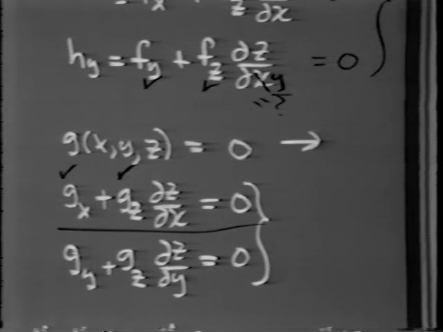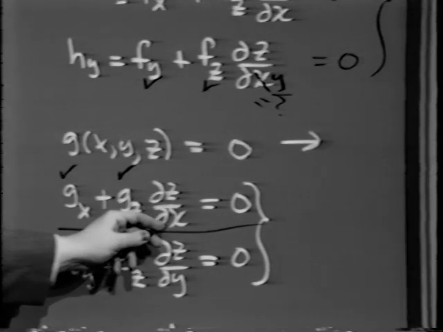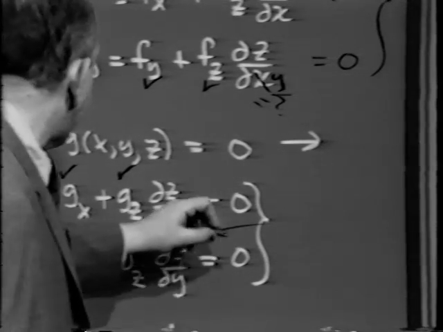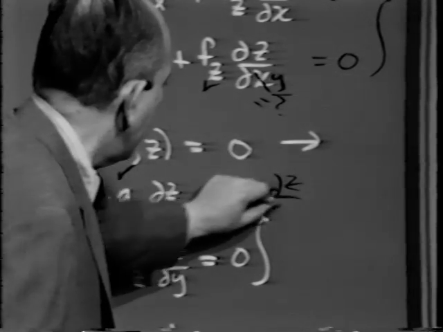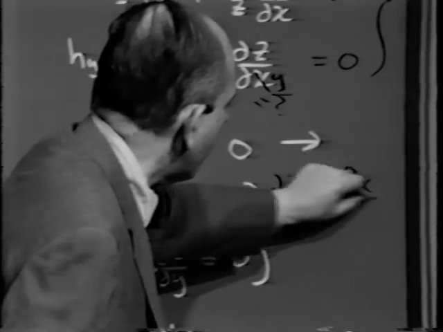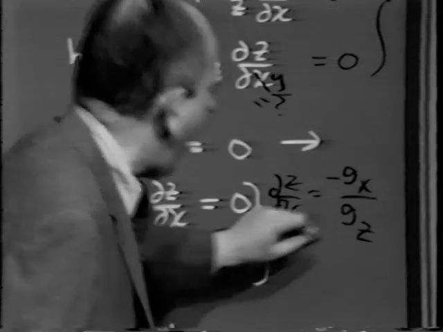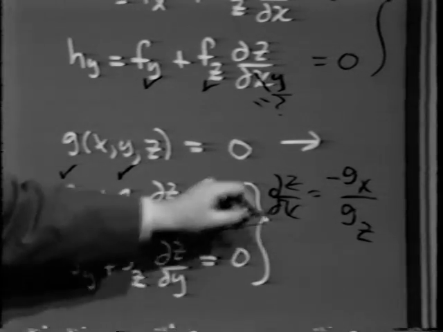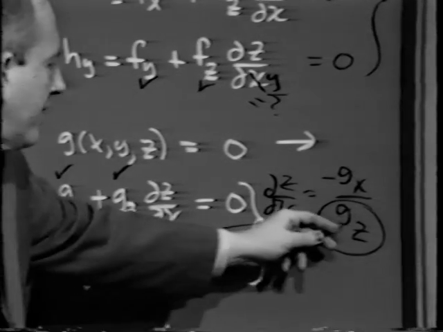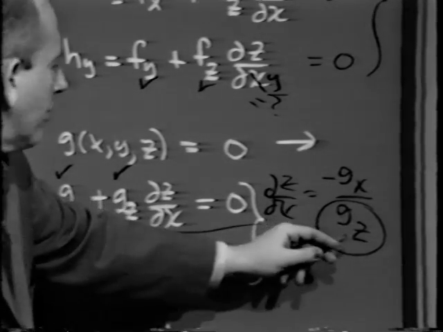All right? And we can now solve for the partial of z with respect to x. In fact, what is the partial of z with respect to x? That's nothing more than minus the partial of g with respect to x divided by the partial of g with respect to z, and that's why the partial of g with respect to z had better not be 0. Otherwise, we wind up in trouble here.